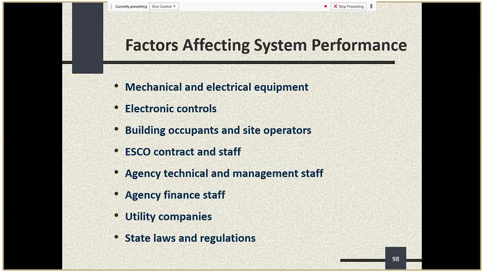The ESCO contract affects system performance in terms of what the ESCO's duties are and what obligations and responsibilities they have. In this case, JCI has a very sizable maintenance contract, and they have a fair amount of operational responsibility for providing maintenance. Then there's the degree of internal staff.